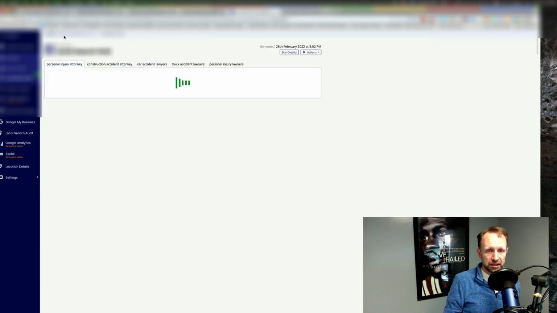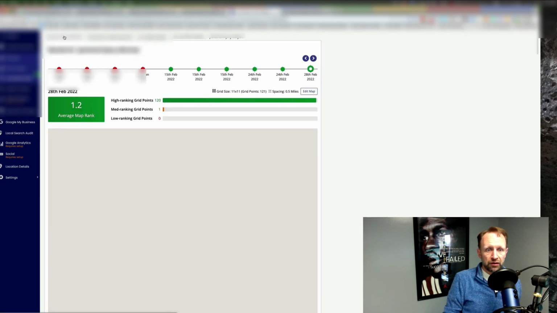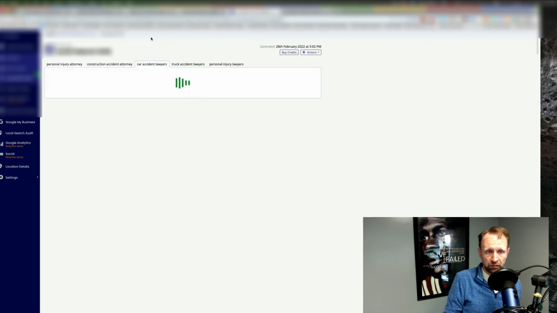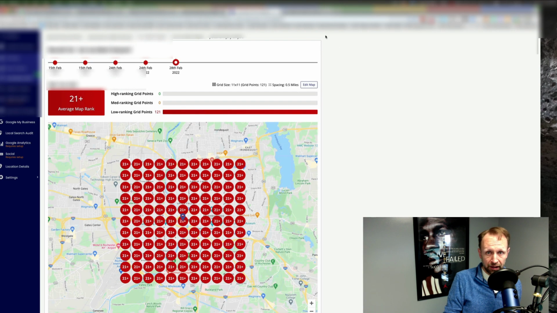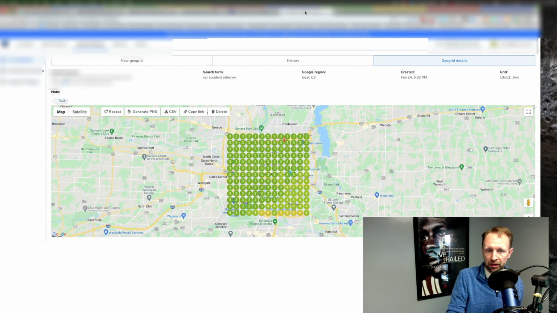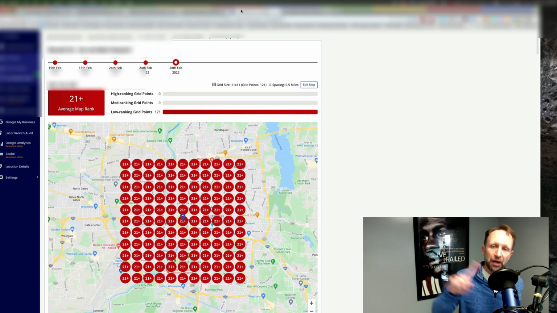You would expect to see strong, weak, and especially if you know which other listing exists that is potentially triggering the Possum update. Strong, but filtered. This is a classic example of a Possum filter, okay?